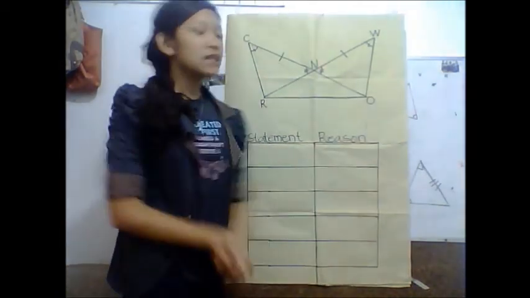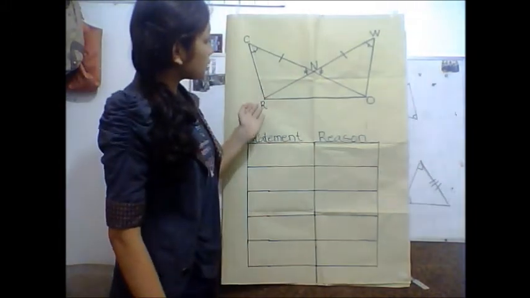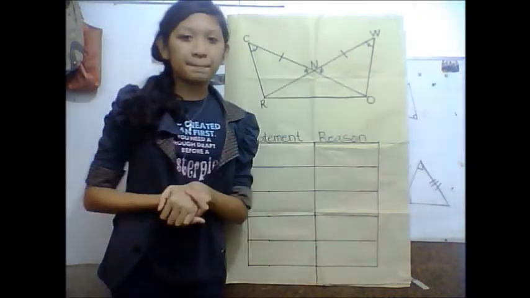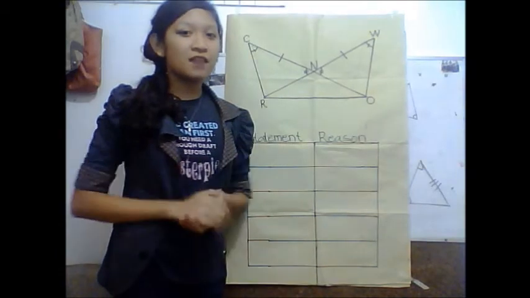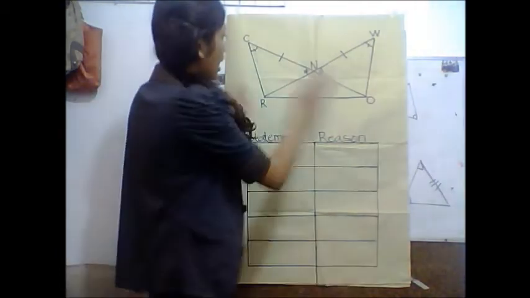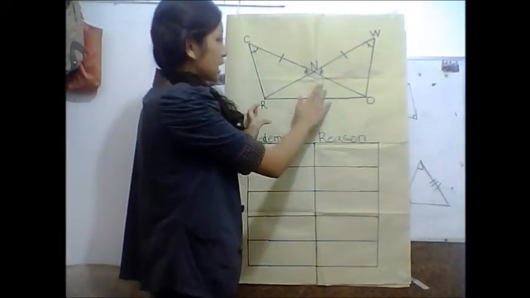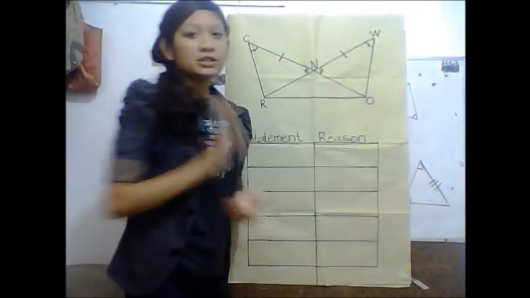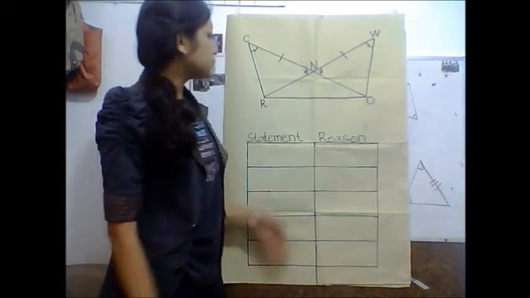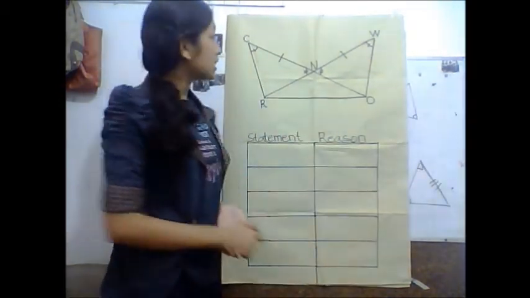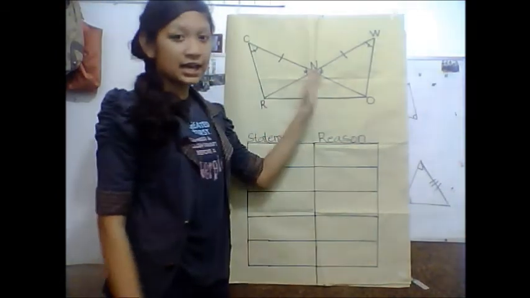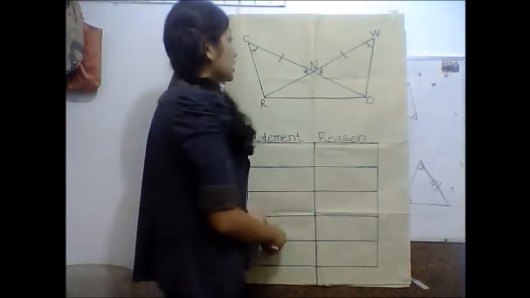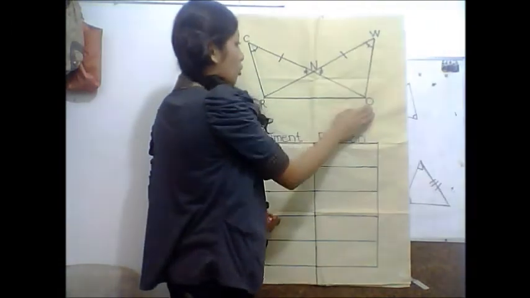And let's look at the triangles. It looks like we have to prove that line RN is congruent to line ON. To prove that, the first proof is that triangle CRN is congruent to triangle WON.